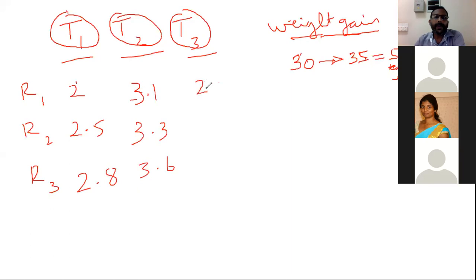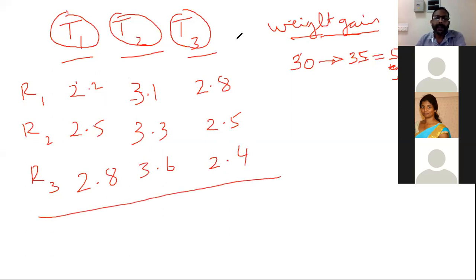This is 2.8, 2.5, 2.4. This is also, say, 2.2. These are the values. Now tell me what the totals are. Now you'll have to tell me all these values.